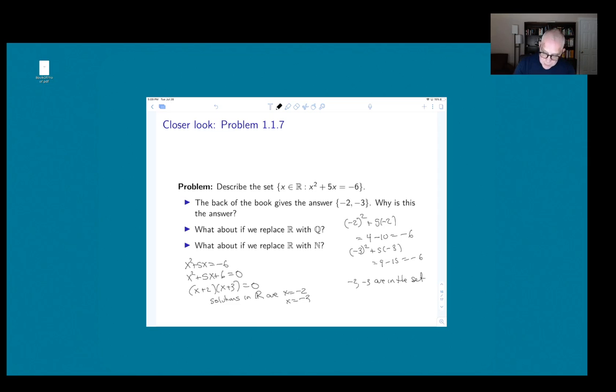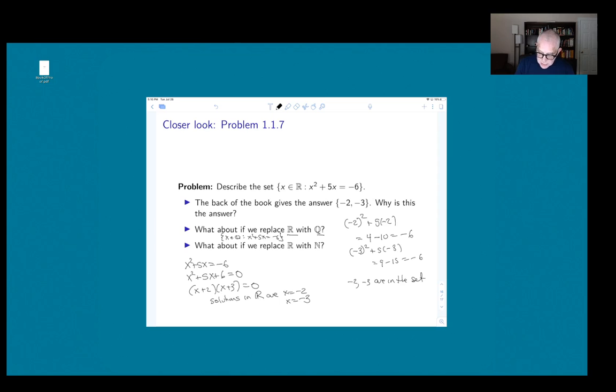So what about if you replace R with Q in this definition? So it's asking not for the set of x in R, but for the set of x in Q, such that x squared plus 5x equals minus 6. Well, again, we know the only real solutions are minus 2 and minus 3. So if we had a rational solution, it would also be a real solution.